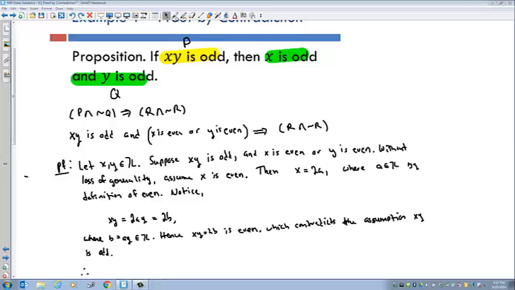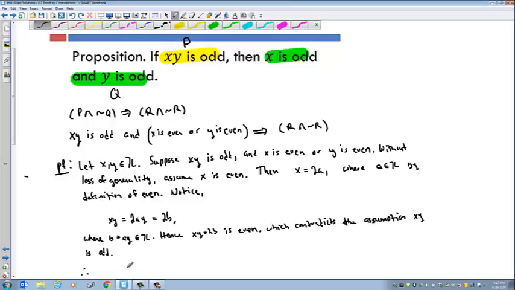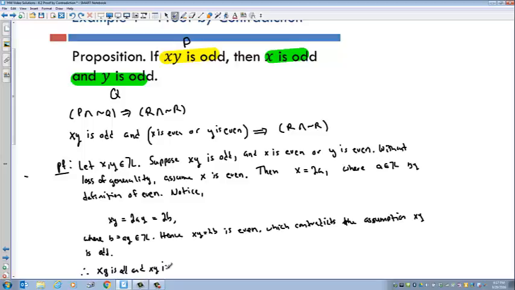Therefore, xy is even and xy is odd. So that's the contradiction. So xy is odd. That was our assumption. And xy is even.